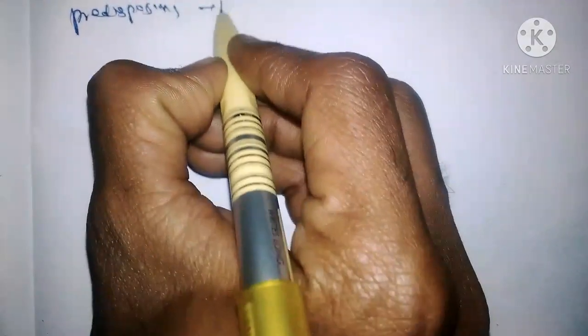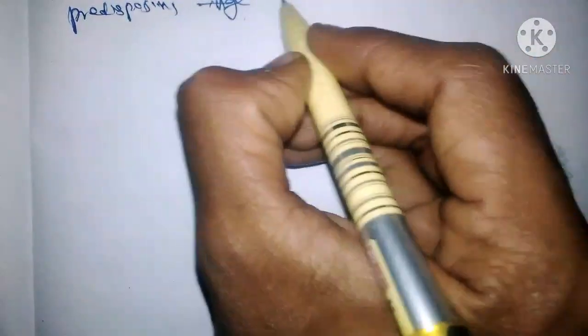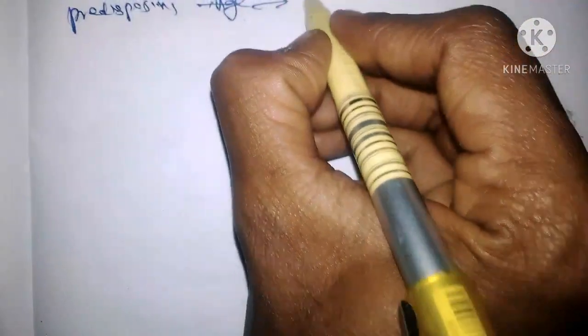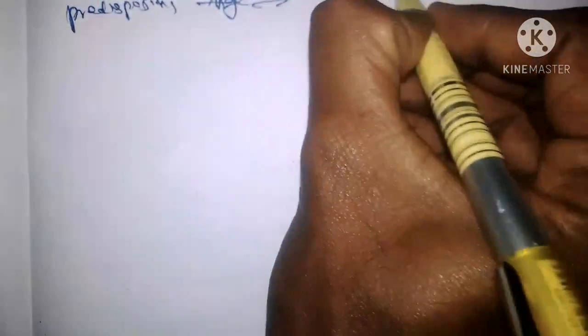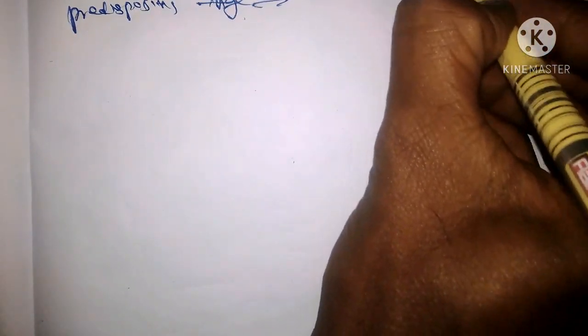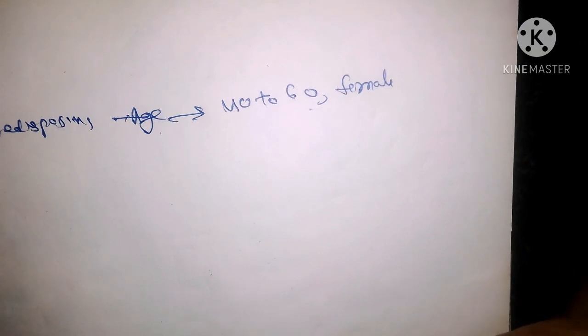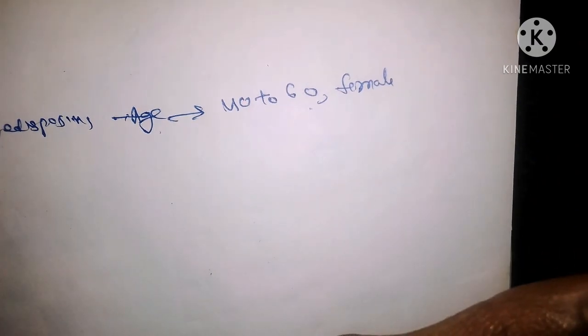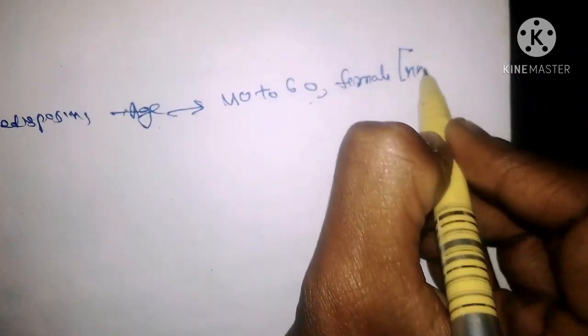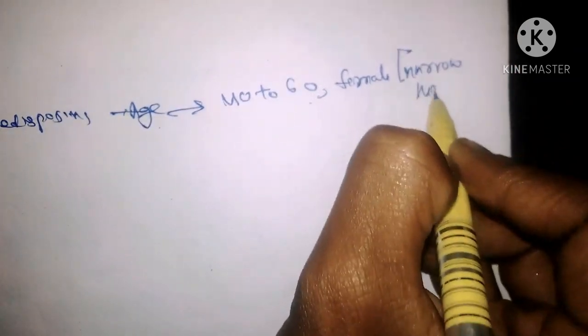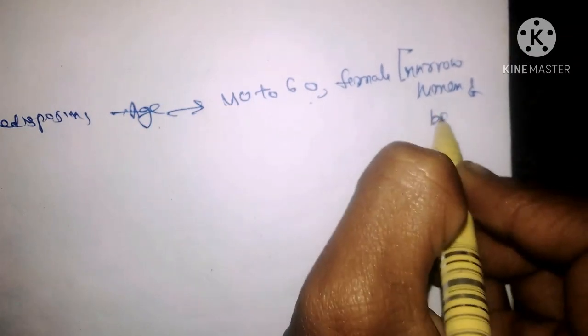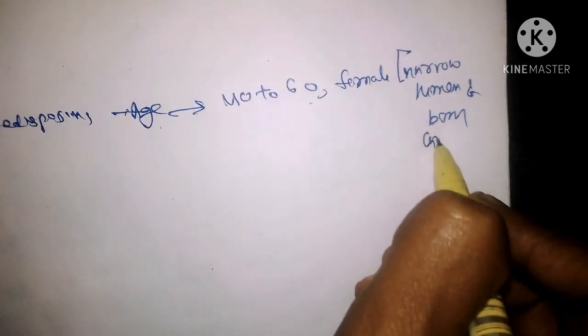If you take age, this chronic dacryocystitis is usually seen in 40 to 60 years of age, and preferentially in females. The reason for this is, in females, comparatively there will be a narrow lumen of the bony canal.